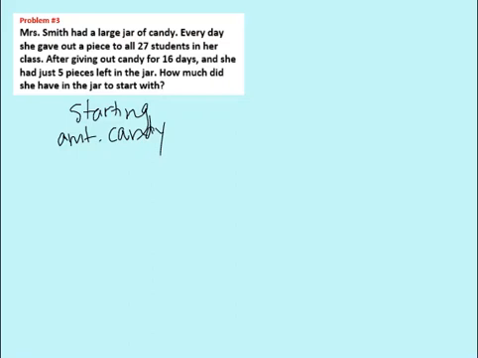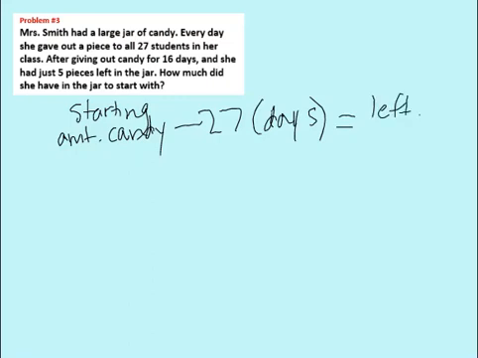She gives out pieces to her 27 students, so she's going to subtract 27 pieces every day. So I'm going to put she subtracts 27 times the number of days. And then that's going to give her what's left over in the jar, which is kind of like our ending amount.